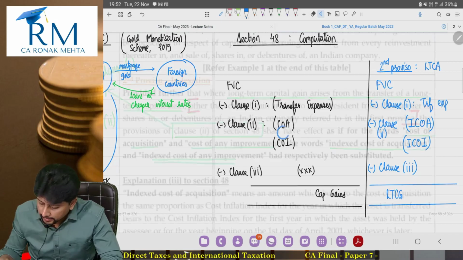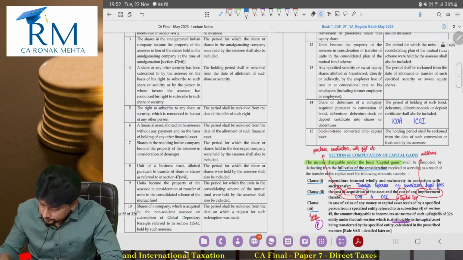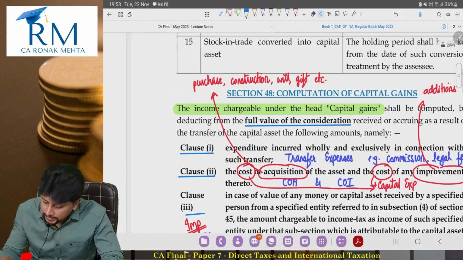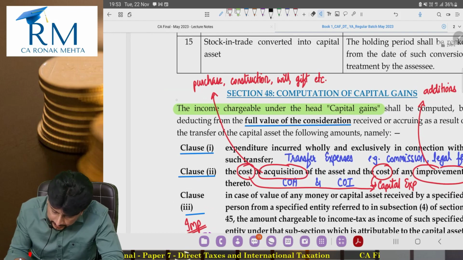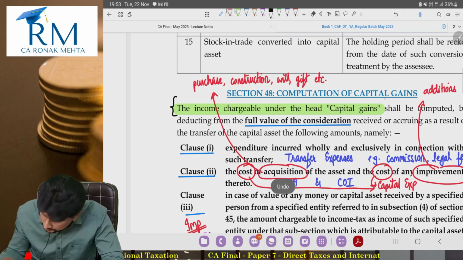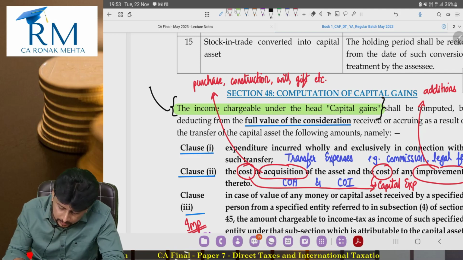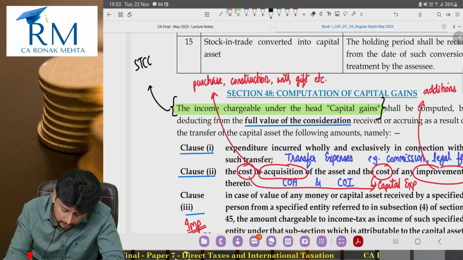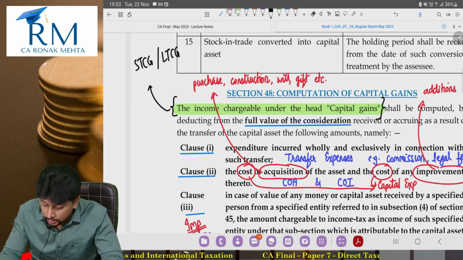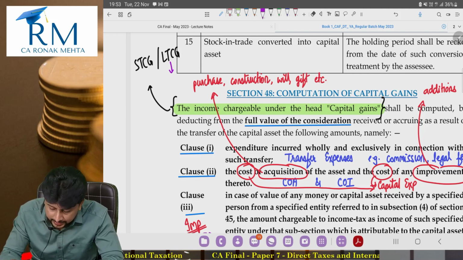So if I take you back to section 48 and ask you a question, what do you mean by income chargeable under the head capital gains? Your answer would be, sir, this can be short term or long term. But now you know that long term is covered by the second proviso.